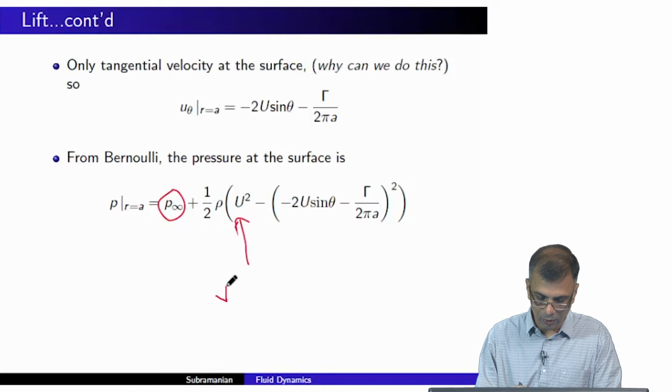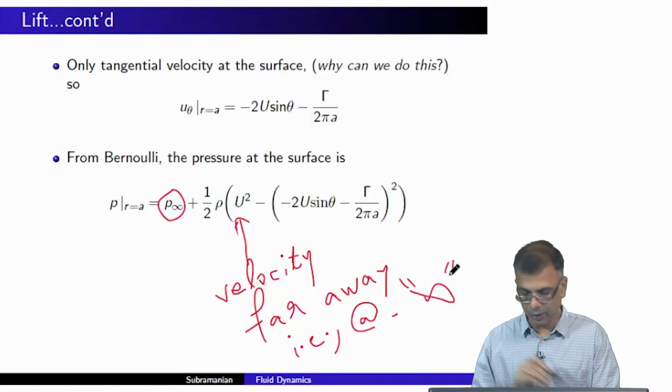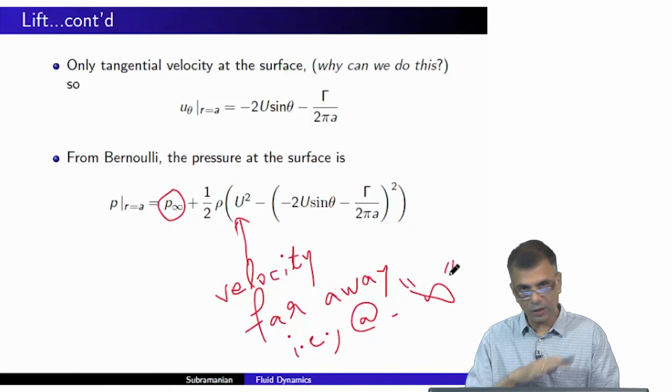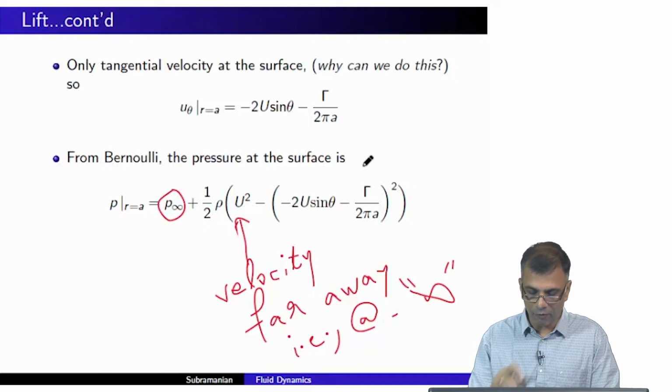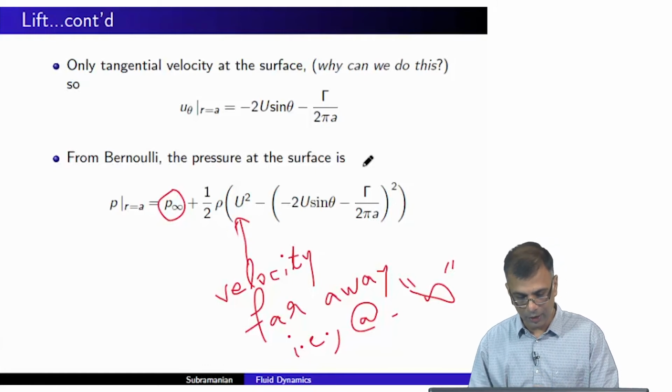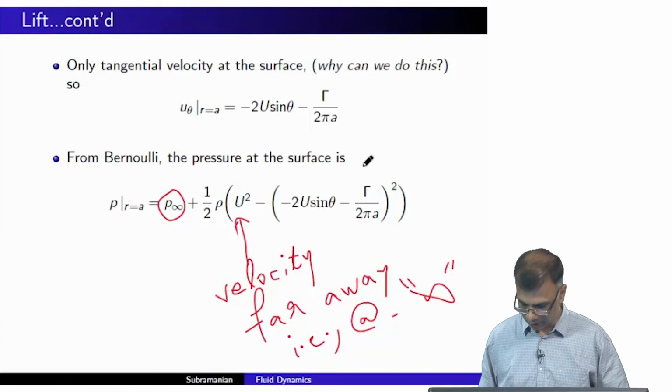This is the velocity far away, at infinity. Right? So that's the velocity far away, undisturbed by the presence of the ball. And this is the velocity very close to the surface. So that's how it works out. And this is simply a consequence of applying Bernoulli's constant, right?